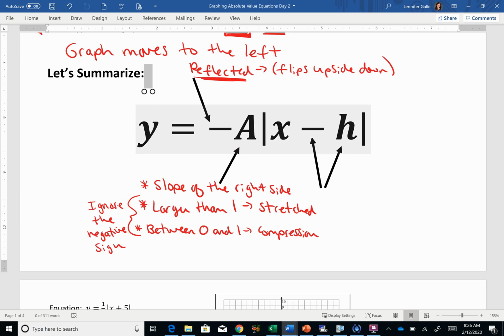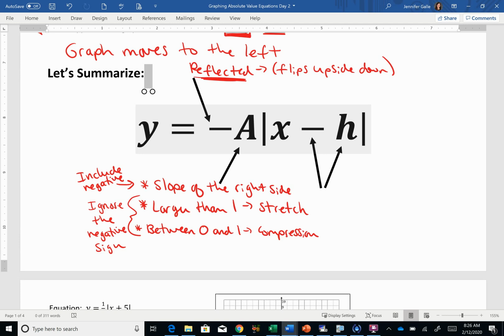If the number is bigger than 1, it's stretched. If the number is between 0 and 1, we're going to compress. Ignore the sign. But now, when we're talking slope, we need to include or keep that negative sign.